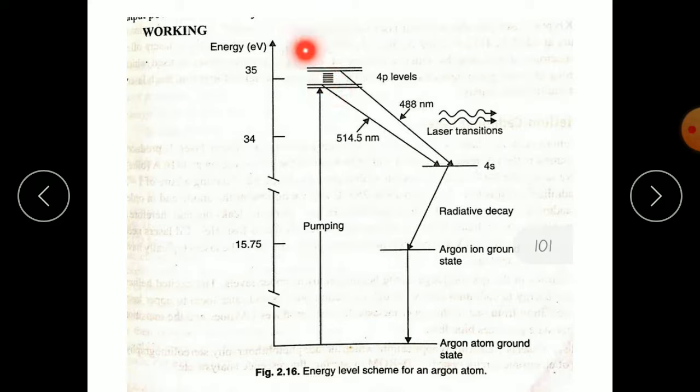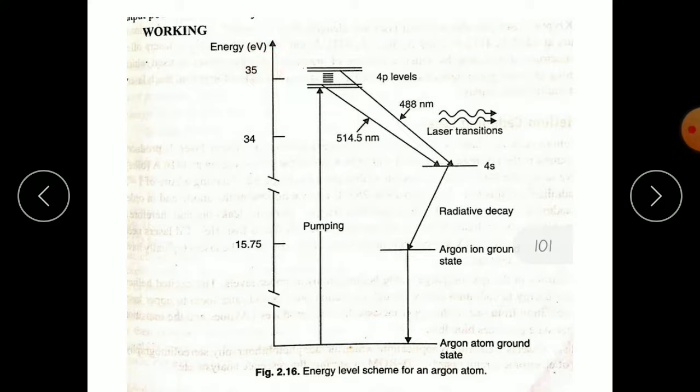These are the 4p levels, which are metastable states. The energy of these levels is about 35 electron volt.